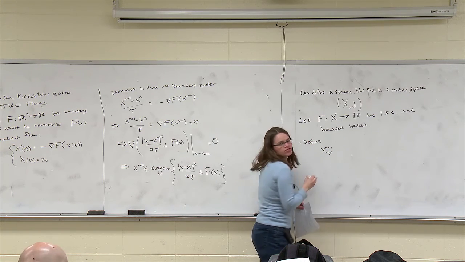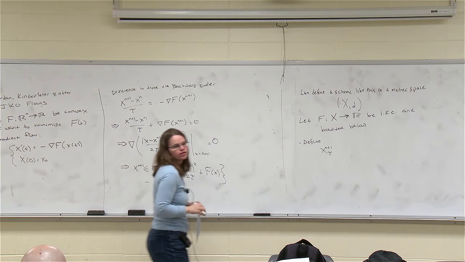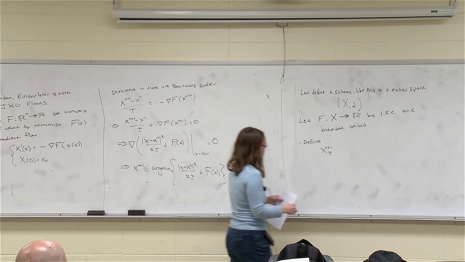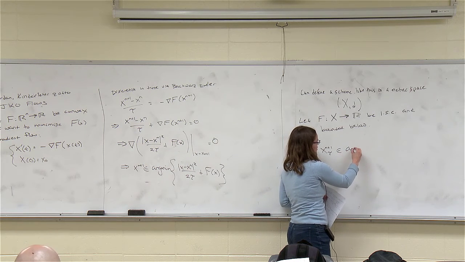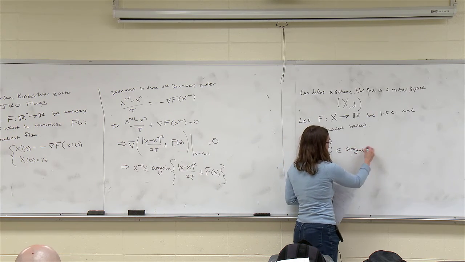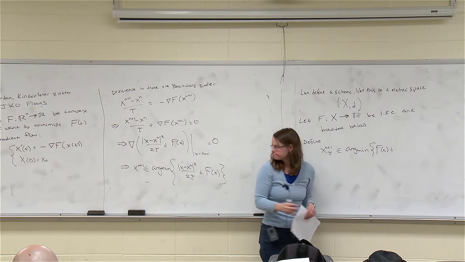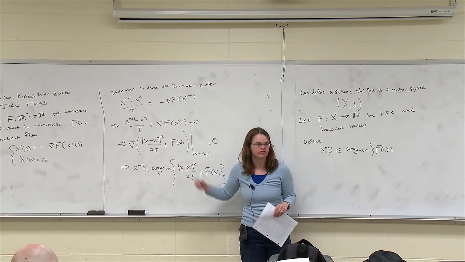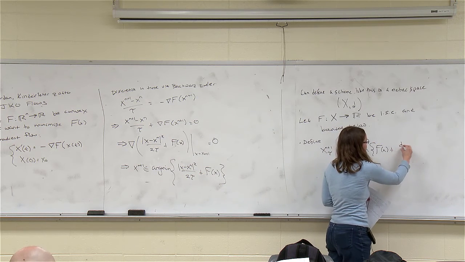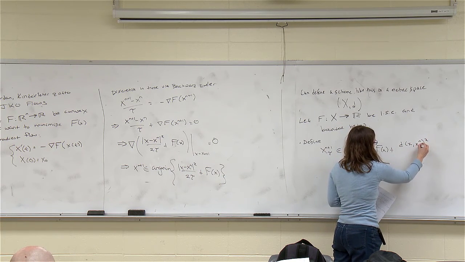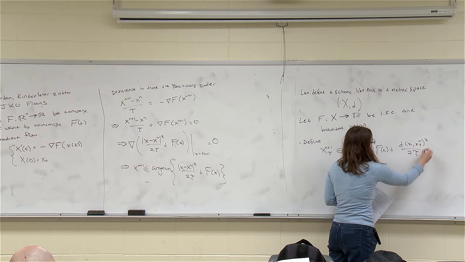I'm going to use my time step as a subscript. Obviously, exactly what I compute is going to depend on the time step. And now I'm going to use the same scheme, the argmin of f of x plus the distance between x and xn squared, so that's my metric, divided by 2 tau.